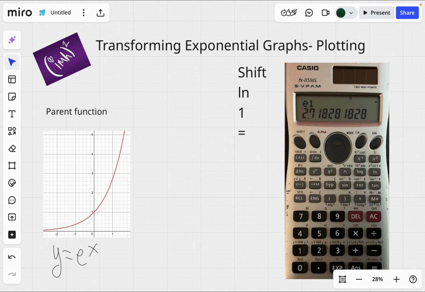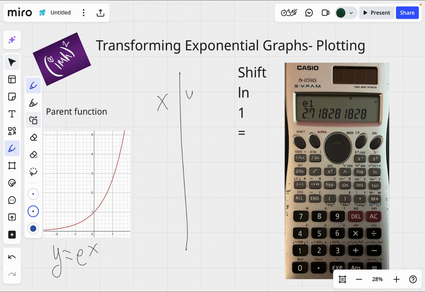This video is basically part 2 of a previous video, and in that previous video we went over patterns with exponential graphs. I said if you forgot your patterns, then all hope is not lost. You just have to plot points. And we talked about making a quick table of specific x values of -2, -1, 0, 1, and 2.